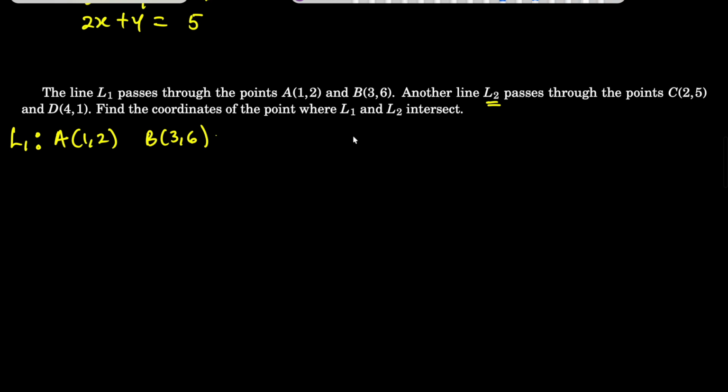L2 is also a function of 2 points, C and D. C is (2, 5), and D is (4, 1). Remember that these two coordinates define this line, and these two coordinates define this line.